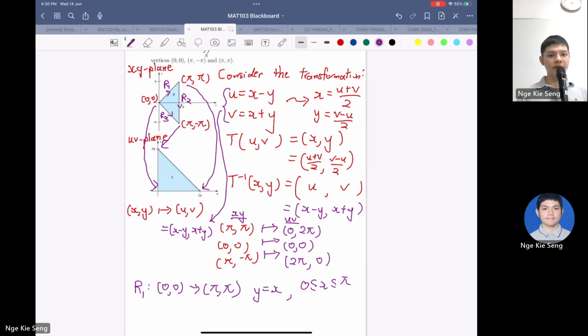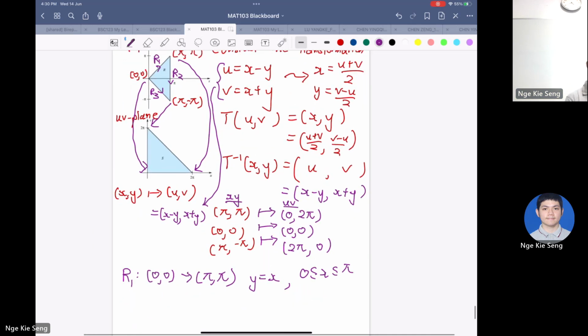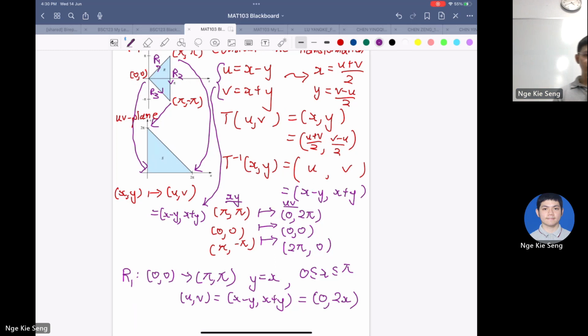What happened to my u and v? My u and v are equal to x minus y and x plus y. Because y equals x, on the first coordinate I get 0, and on the second coordinate I get 2y or 2x, doesn't matter. So u is 0 and v is 2x.